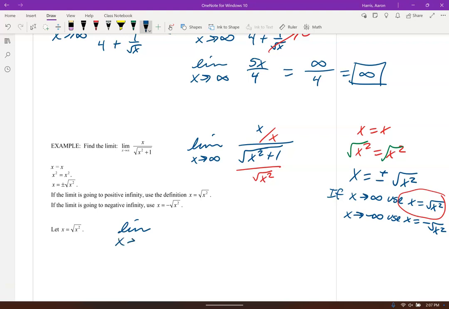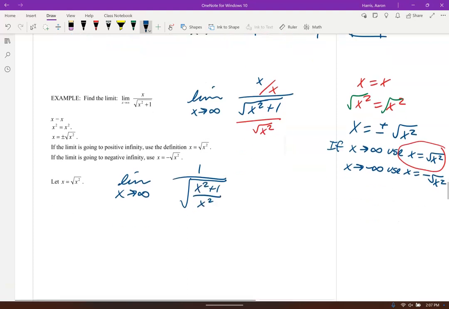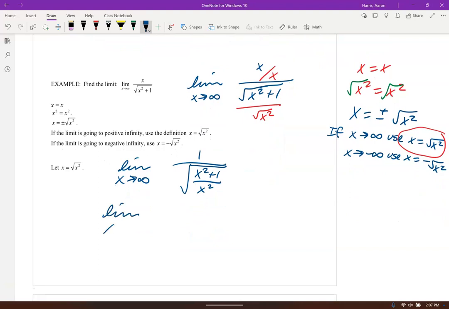We got the limit as x goes to infinity of 1 over... now I'm going to put them all under the radical. So I got x squared plus 1 all over x squared, which is x squared over x squared plus 1 over x squared.